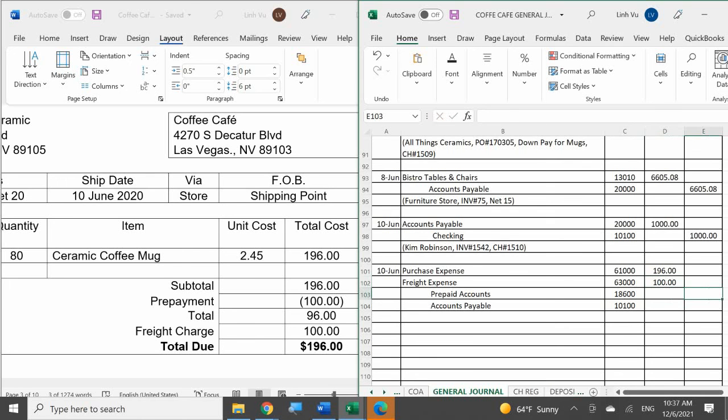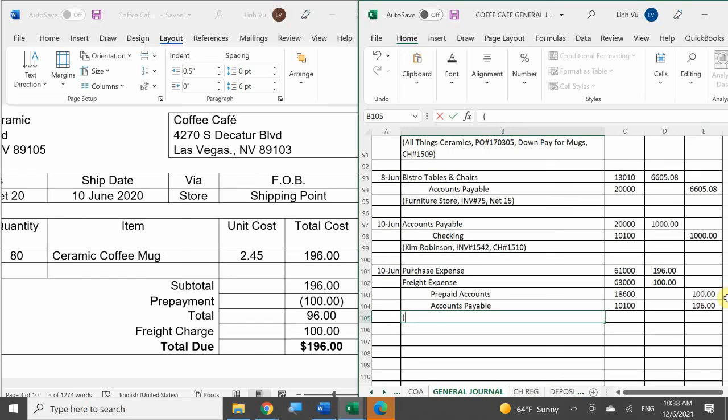How much was my prepaid account? 100. So therefore, how much is my bill telling me that I owe? 196. And there you go. My debits and my credits match 100%. Now I have everything that I need to properly finish out my journal.